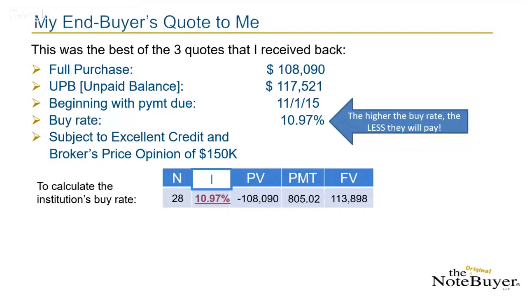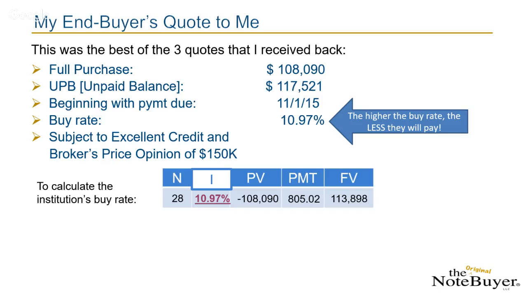If someone invests $108,090 for the right to buy 28 monthly payments of $805.02 plus a final balloon of $113,898, then they would be getting a rate of return, or a yield, of 10.97%.